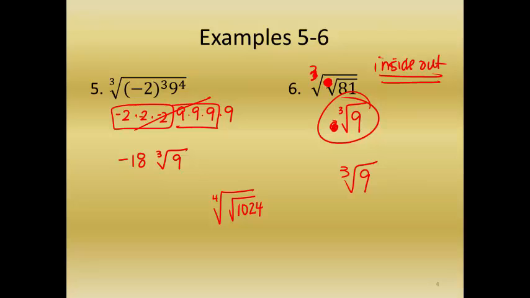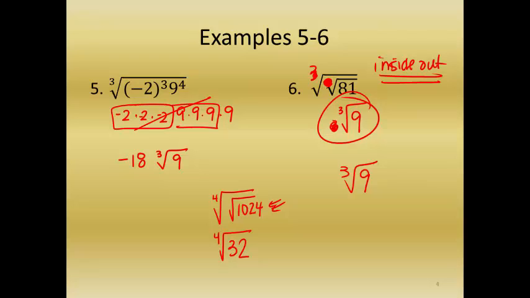Okay, so it sounds like a big number, but it's actually a power of 2. So it's using base of 2. So if we were to break that down, let's just take the square root of 1024, and it comes out to 32. So the square root of 1024 is 32, leaving behind the 4th root of 32 because I have to start from the inside out.